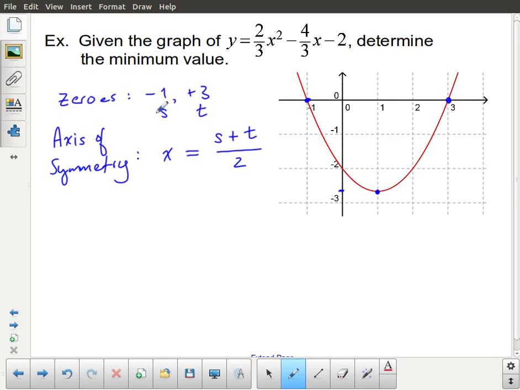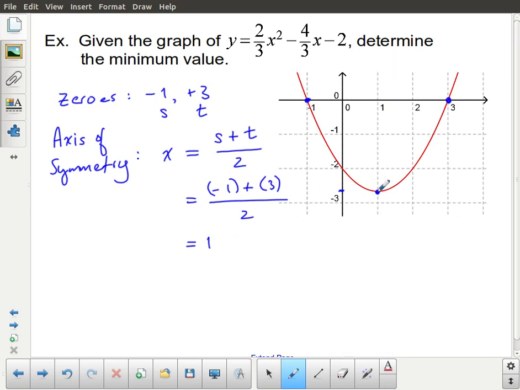In this case, the s and t values are -1 and +3. So that becomes (-1 plus 3) divided by 2. -1 plus 3 is equal to 2, and then divide that by 2 is equal to 1.